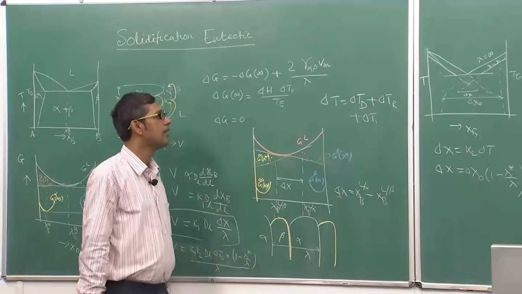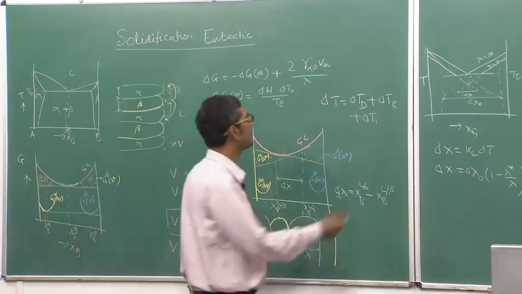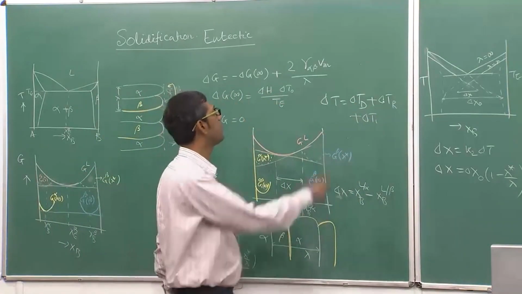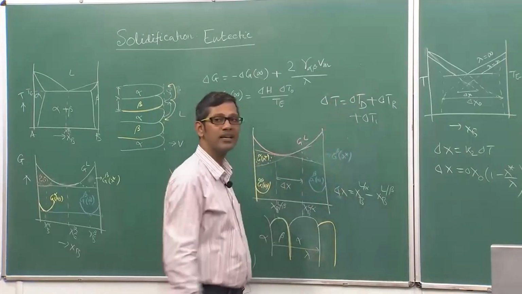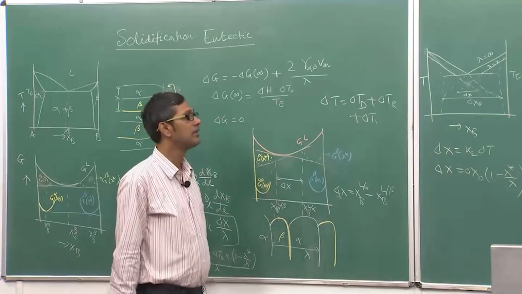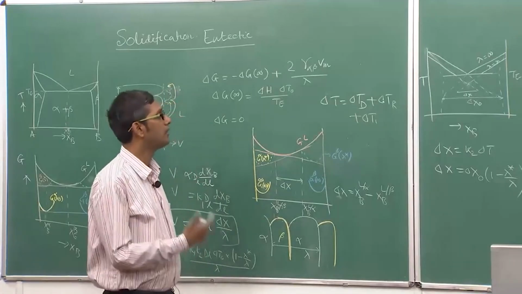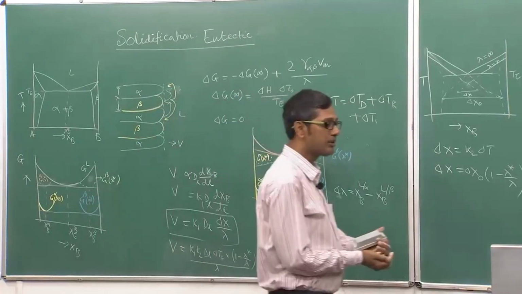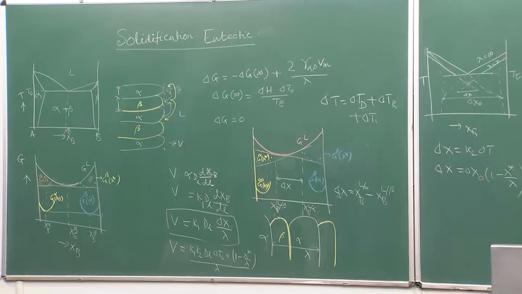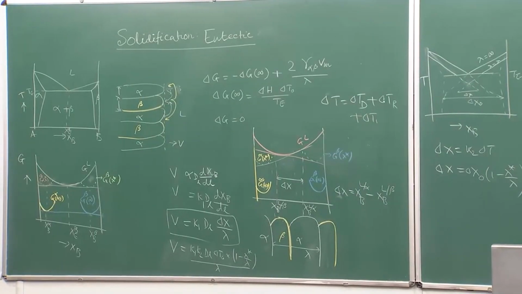In an actual experiment we cannot measure each of these; we can measure the total undercooling, plug it into the velocity versus lambda relationship, and get the velocity. So eutectic growth is much more complex than can be thought of.